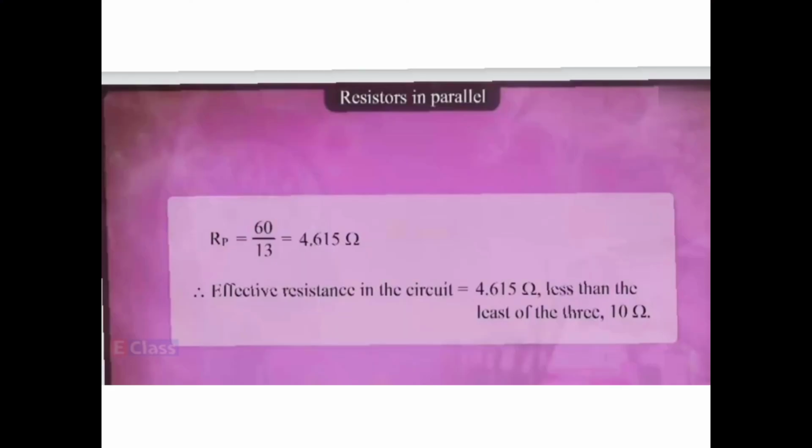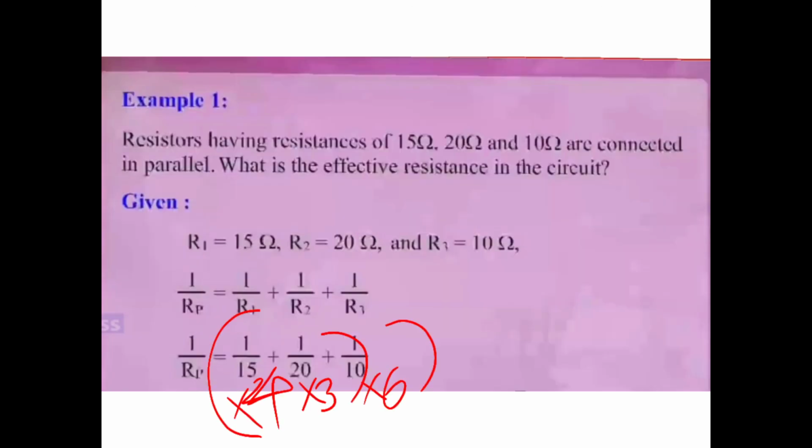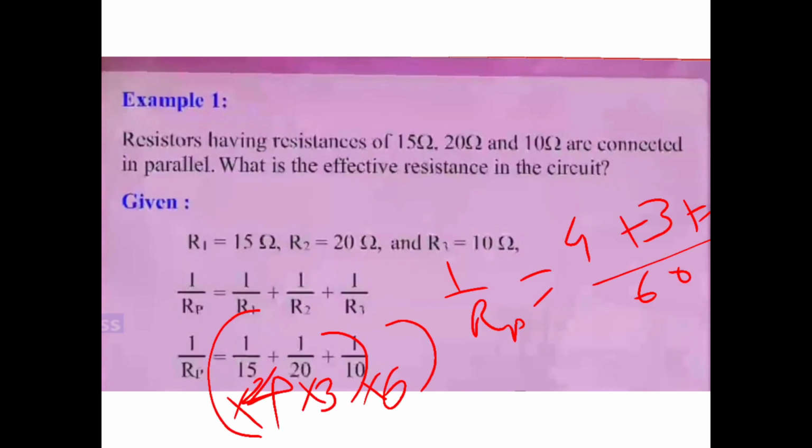Right? So 1 upon Rp is equal to 4 plus 3 plus 6 upon 60. So you have 13 upon 60 is 1 upon Rp.